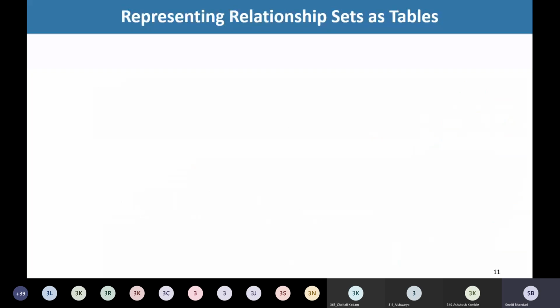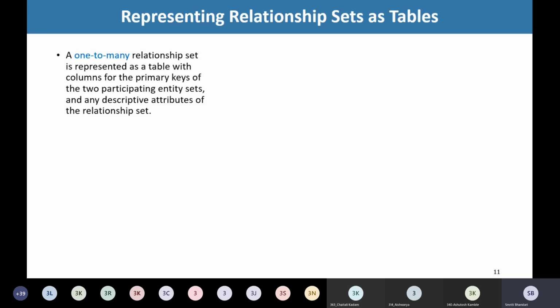So now we talked about the entity sets, we talked about the attributes and how to convert the entity sets into the form of a table. Now we are going to talk about how to convert a relationship set in the ER model into a tabular form. Let us assume that we have a one-to-many relationship set.